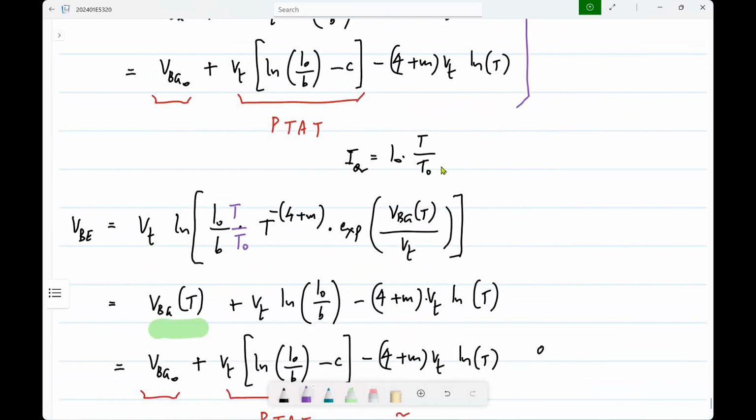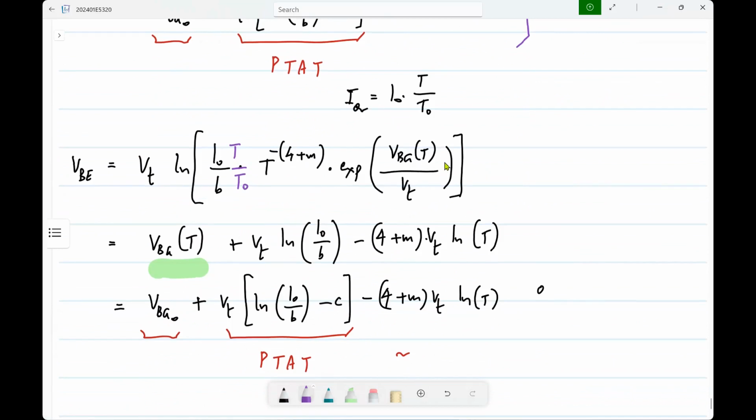This minus 4 plus m becomes minus 3 plus m, right? This T is here, T times. So basically this will become 3 plus m, and then here with the same constants, I'll have T naught. So this is with PTAT. But anyway, we will not use these equations directly for anything. This is just to give you a flavor for the dependence.